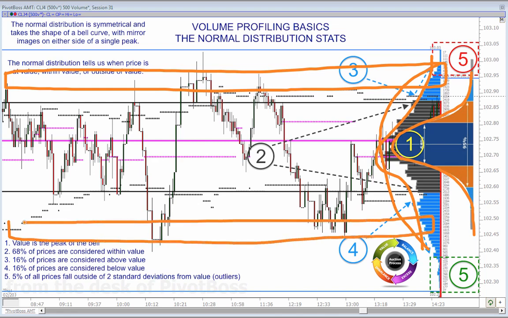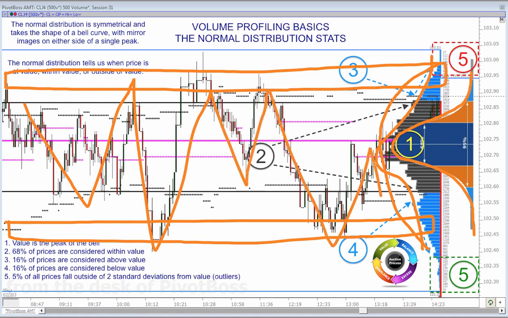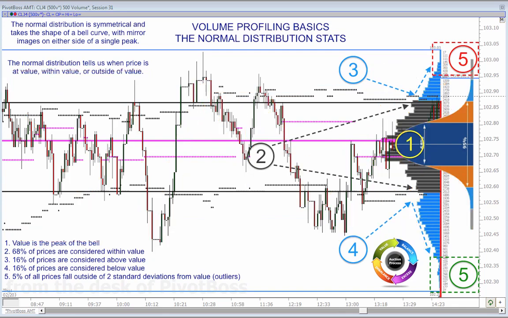Remember, fair facilitation of trade is the number 1 goal of the market, and this is the epitome of fair facilitation of trade. Buyers want it here, sellers want it here. So if you're a buyer, you come up here, you sell it here. If you're a seller, you sell it here, you take it down. And the process goes back and forth throughout the day. That's why this works.